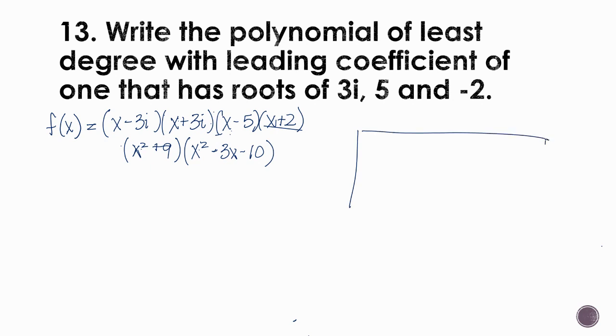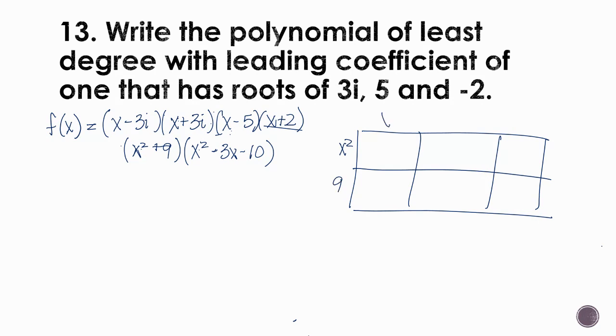So I'm going to multiply x squared plus 9 times x squared minus 3x minus 10. This, again, is where that box comes in really handy because I can do a 2 by 3. And I've got x squared and 9 on the side. X squared minus 3x minus 10 up here. And I'm just going to go through and I'm going to multiply all of the pieces. And then I'm going to combine any like terms.